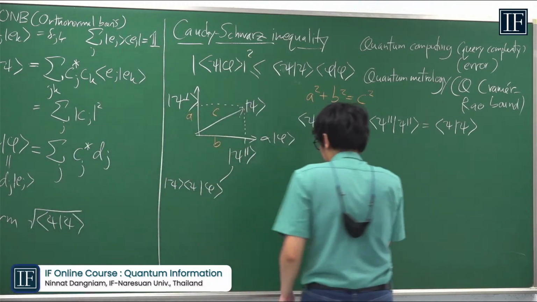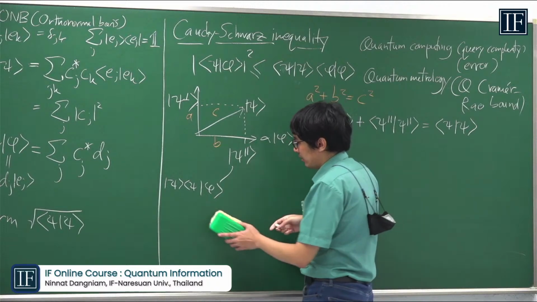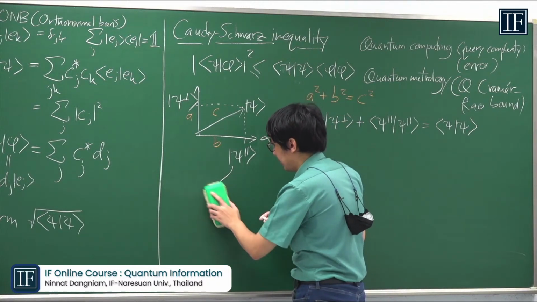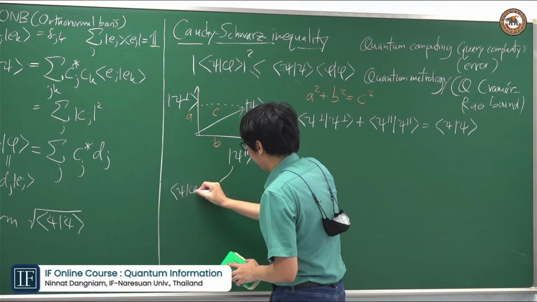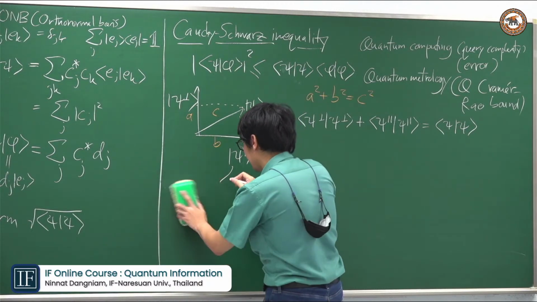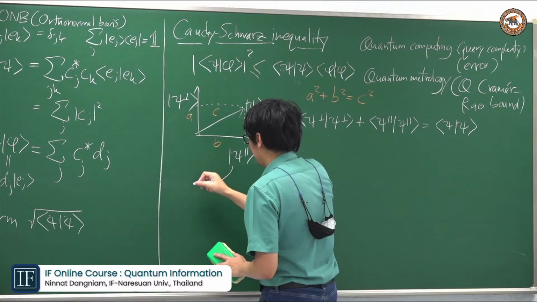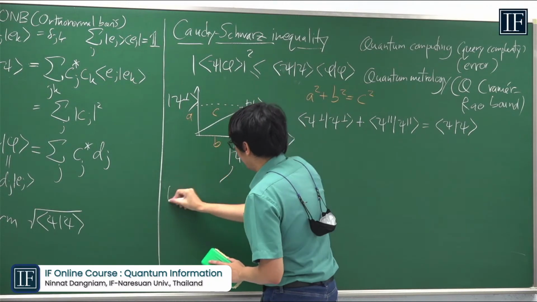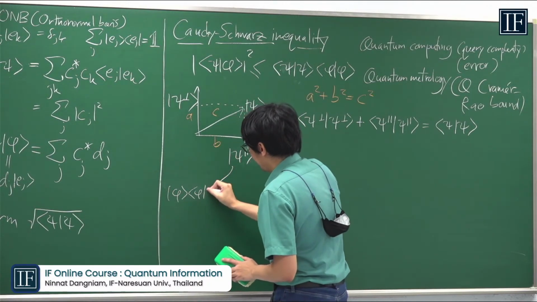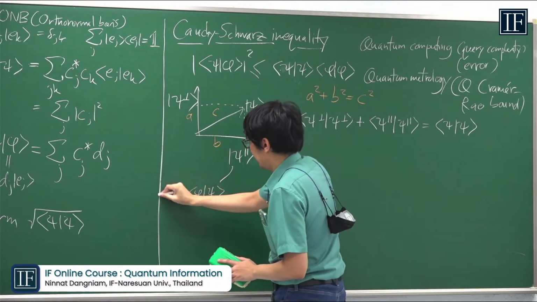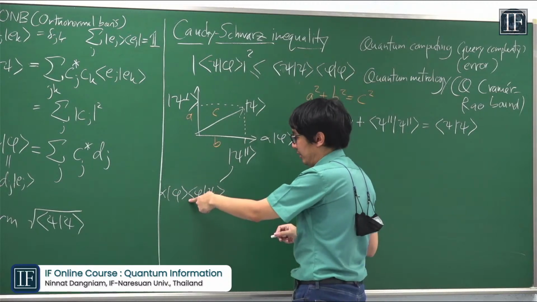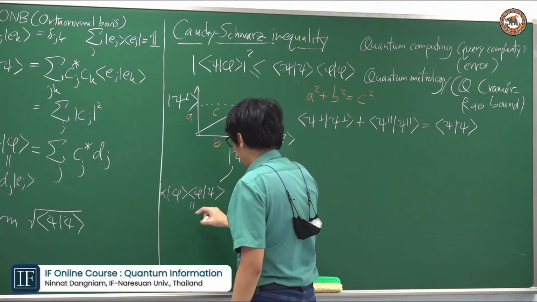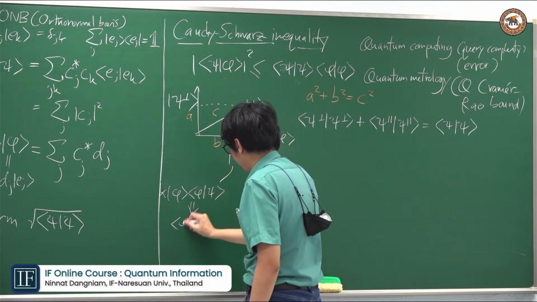Of course, for convenience, I just switch the order of this. Sorry. So you project psi onto phi, and then normalize it.